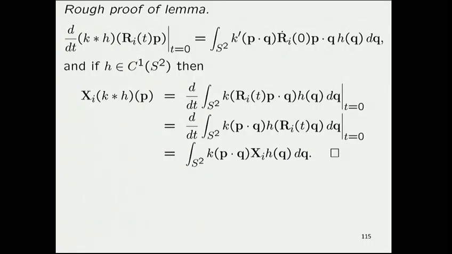So a rough proof of the lemma is the following. We want to compute this. So this is equal to what is k star rho? It's the integral of k of p dot q. So you're differentiating with respect to, first of all, its argument, so you're going to get k prime of p dot q, and then you're going to have to differentiate.